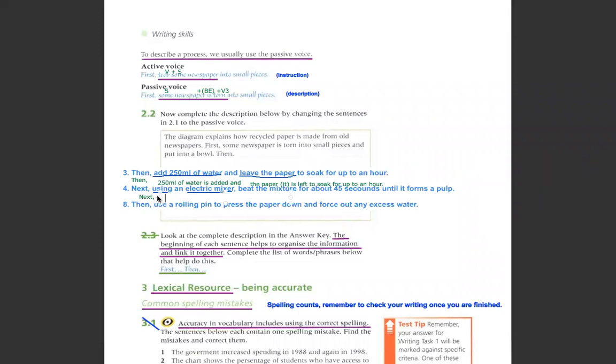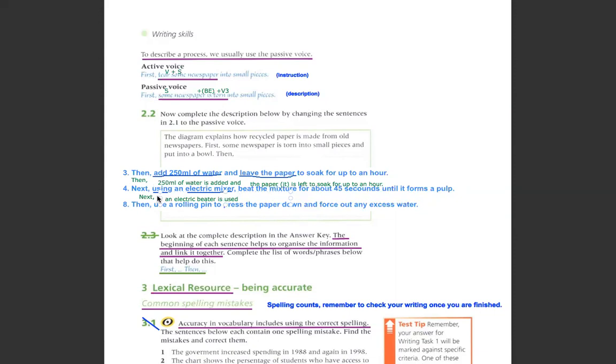Right, so we want to start with our subject, which is the electric beater. Then what comes next? An electric beater is used. Okay, then what comes next? So we had the verb beat, but there's something that we need to add.